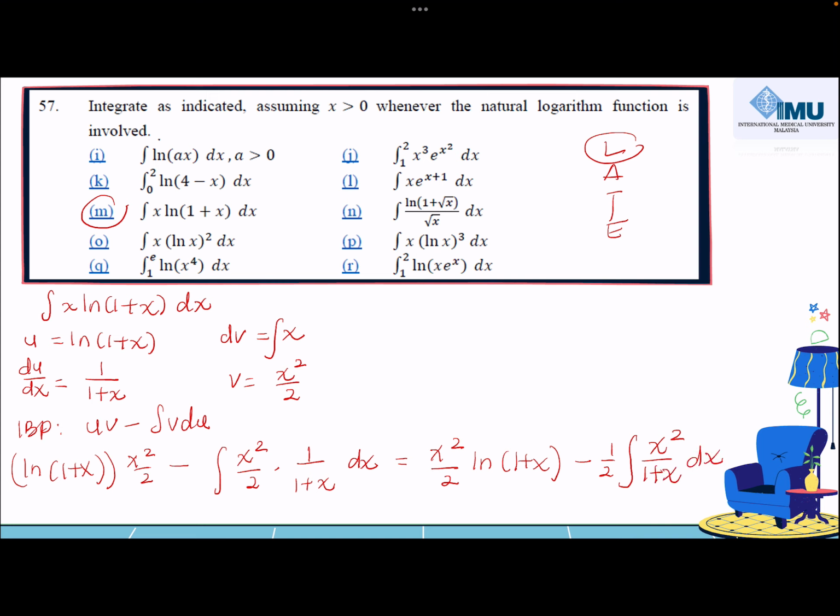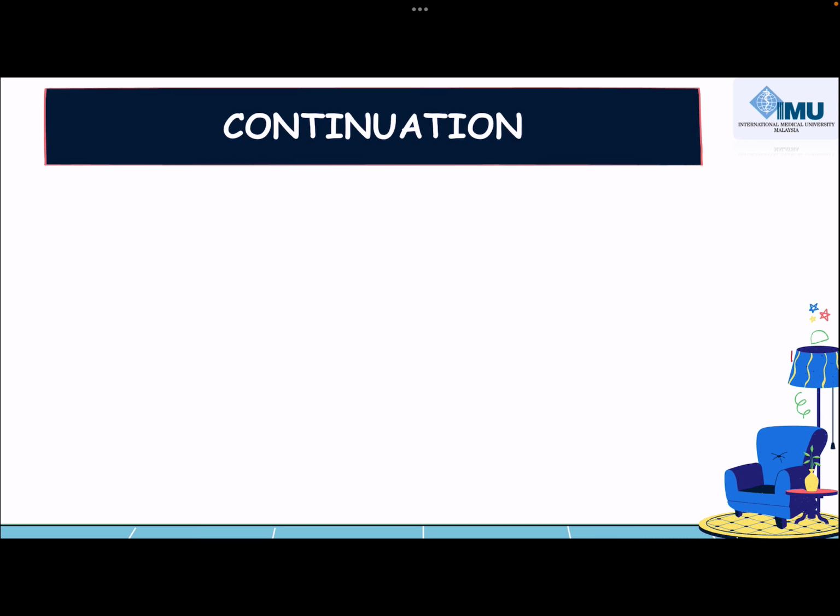Now my solution is yet to complete. I need to solve for this integration. Now bear with me. Let's take out this term and perform the integration separately. We want to integrate x squared over (1 + x) dx.